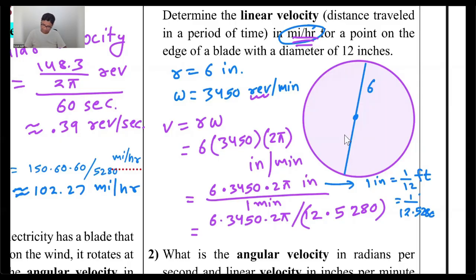So 1 over 12 times 5280 miles, that is what is happening in the numerator. And what about the denominator? Divided by 1 minute, and we need to convert it to hours, and that is 1 over 60 hours.